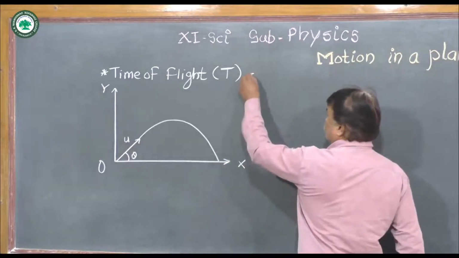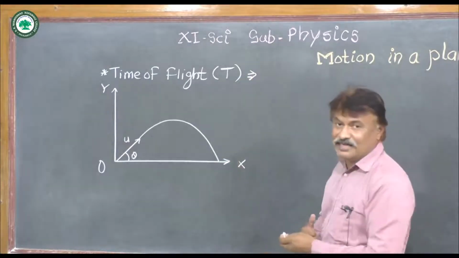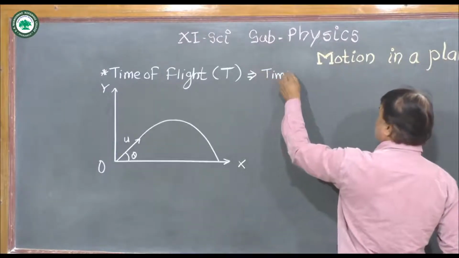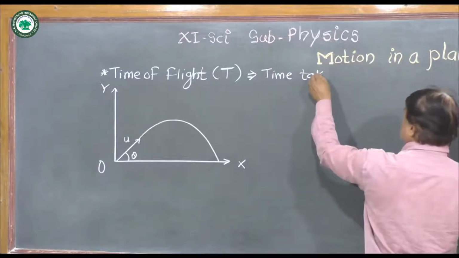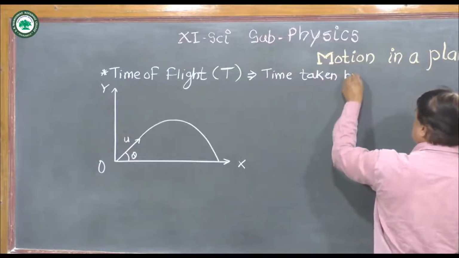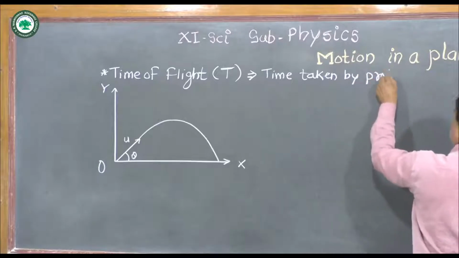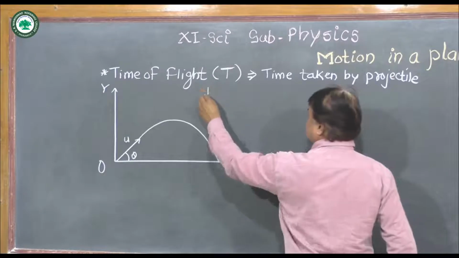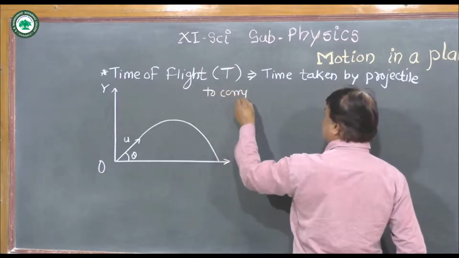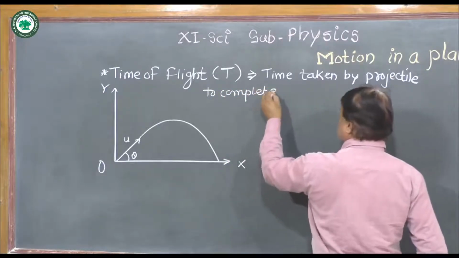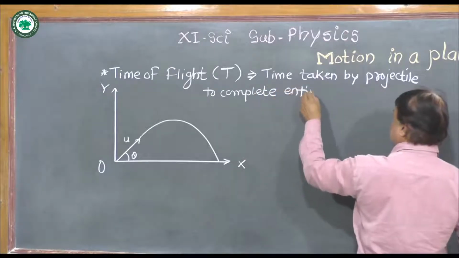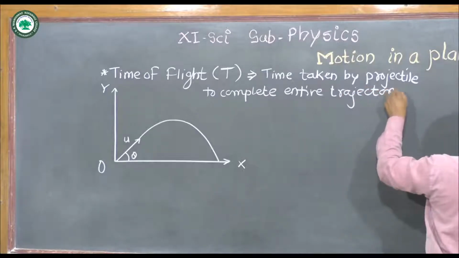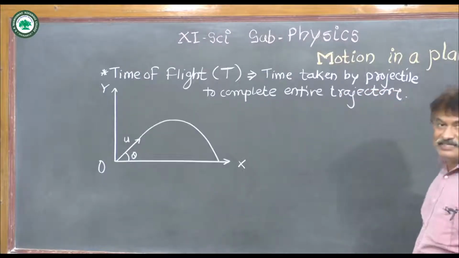So we can say that time of flight means the time taken by the projectile to complete the entire trajectory. It is called the time of flight.